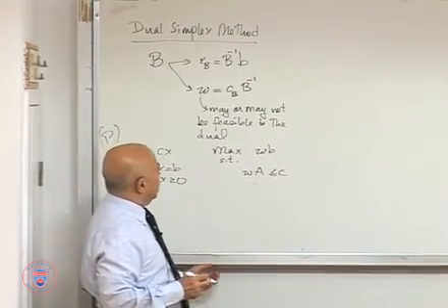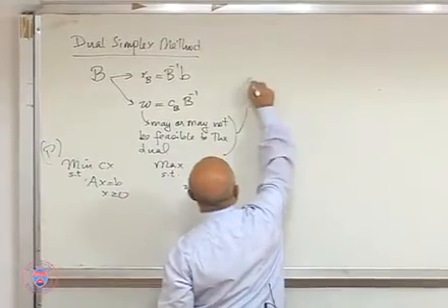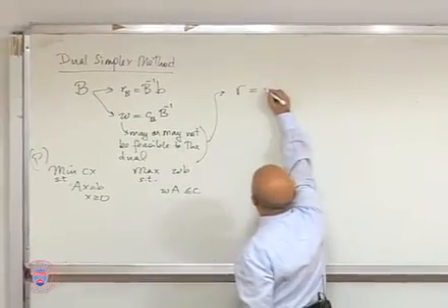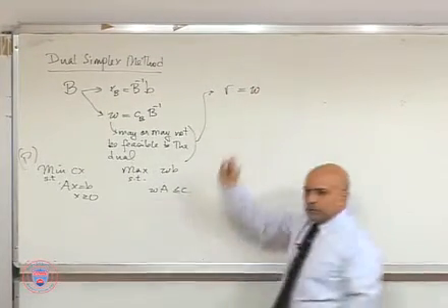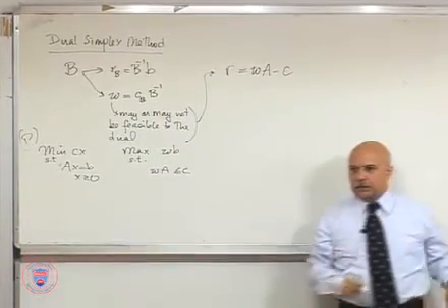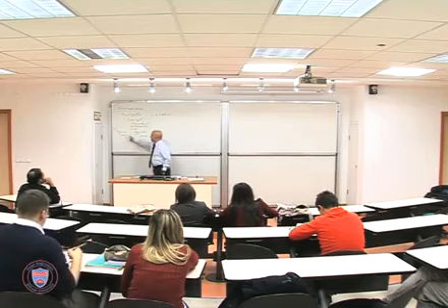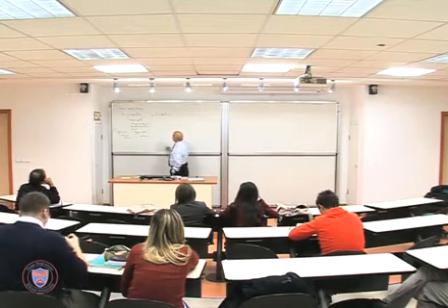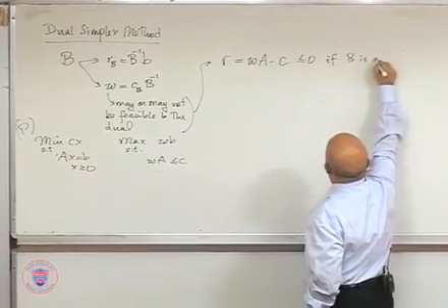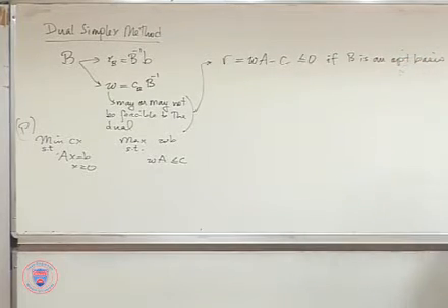But what we mean by dual feasibility is the following fact. If you look at the vector of reduced costs, R, that's defined by CB B inverse A minus C, and if you put W for CB B inverse, that will be WA minus C. That's how you define it. Now, for a minimization problem, this will be less than or equal to 0 if B is an optimal basis for a minimization type standard form problem.